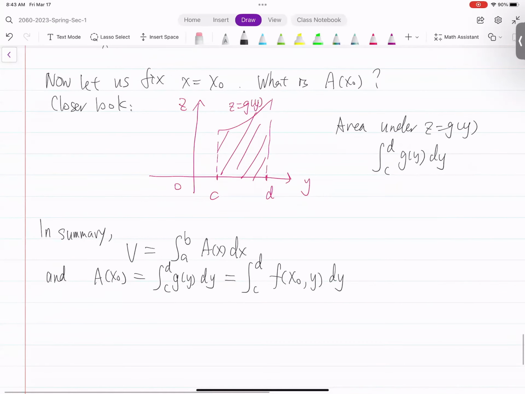And now we can put things together. So we suspect that for the volume, we do the substitution.